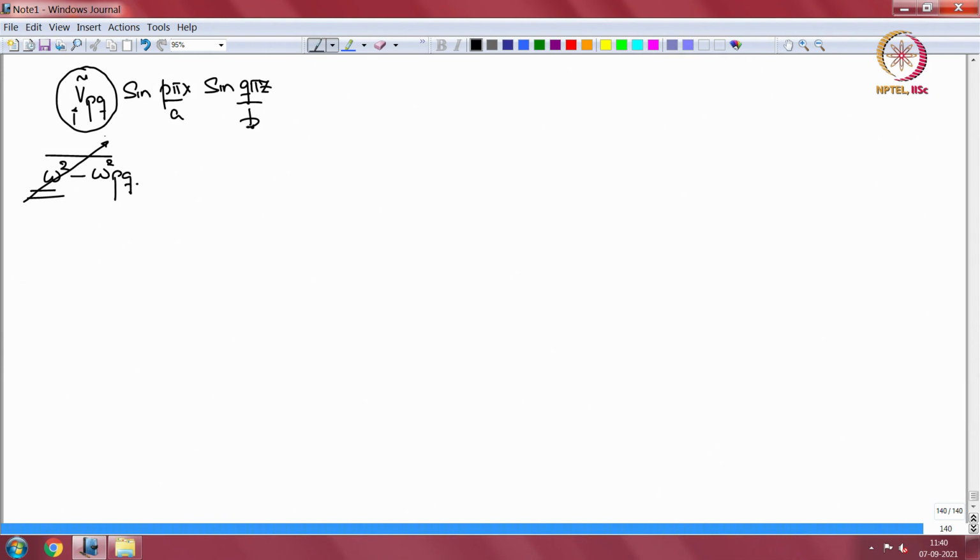So now this mode is excited at a certain frequency, which we will vary to see the effect. At very low frequencies, k is less than kx, k is less than kz.